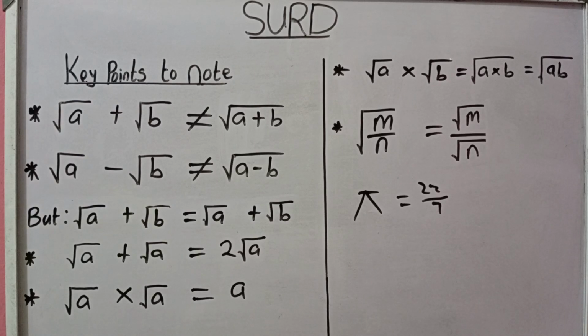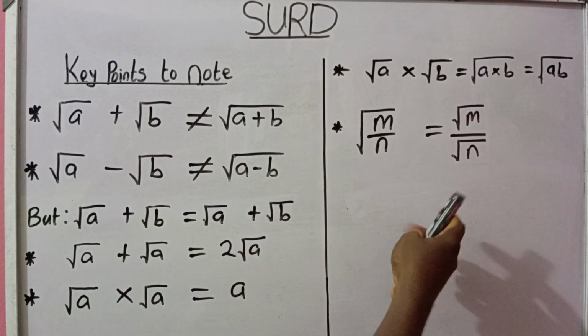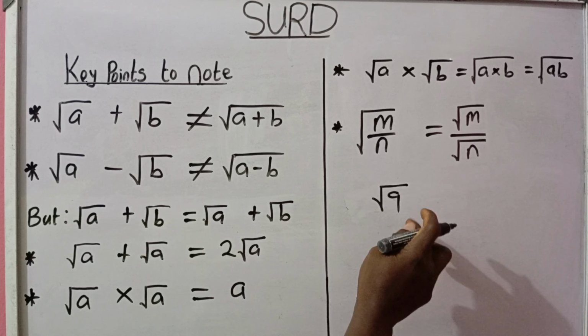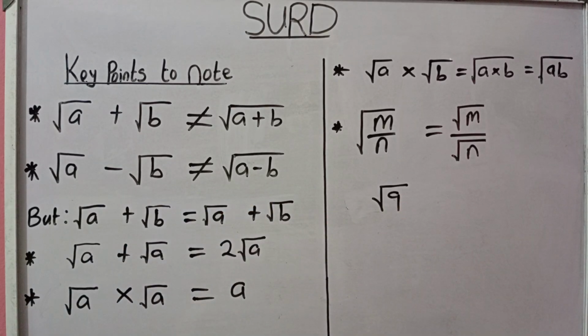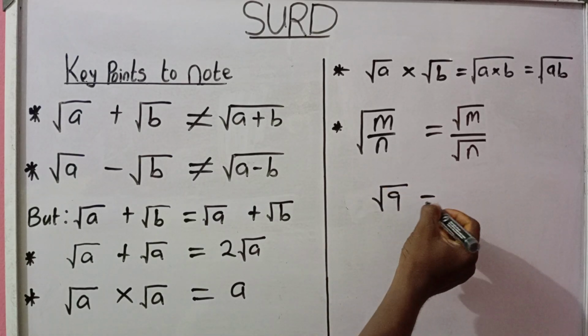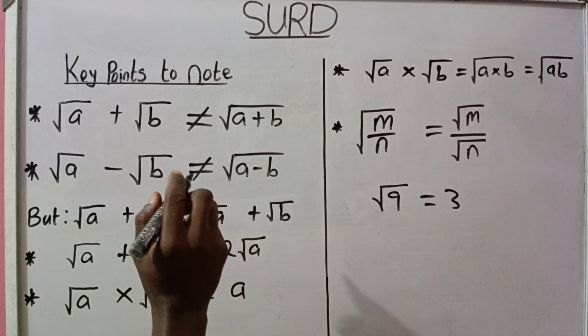Then we are going to be talking about it in the context of roots, in the sense that when we have something like root 9, can we say that root 9 is an irrational number? No, because root 9 can be determined. The square root of 9 is 3, because 3 multiplied by 3 gives us 9.